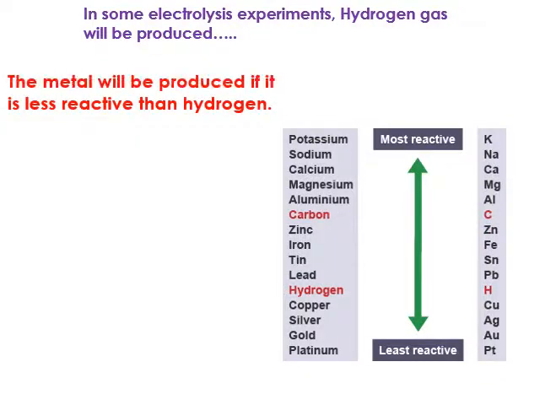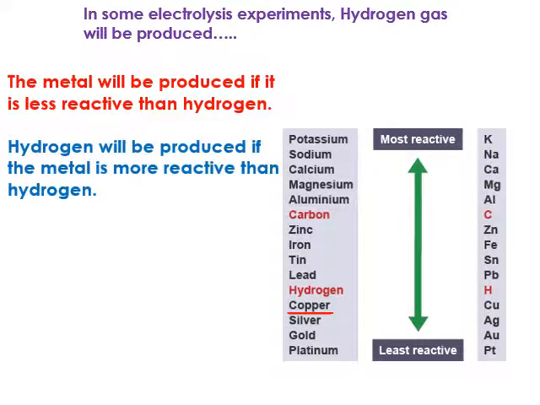This is the reactivity series. If I have a metal which is less reactive than hydrogen, I will have that metal come out during electrolysis. So if I electrolyze something with copper in, copper will be released from the experiment. However, if I electrolyze a metal that is higher than hydrogen in the reactivity series, for instance something with zinc in it, I won't get zinc.